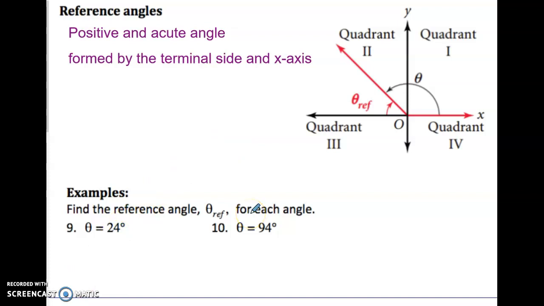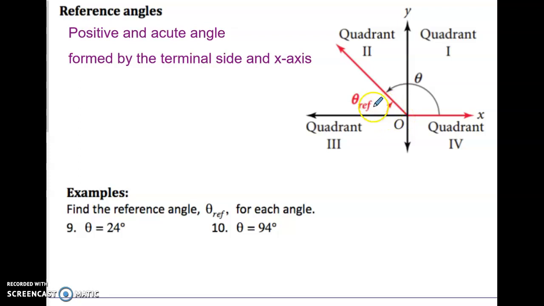The next term that you need to know is a reference angle. And a reference angle is the positive and acute angle formed by the terminal side and the x-axis. So no matter where the angle is in the quadrant, you always go from the terminal side down to the axis. So, for example, this one is in the second quadrant over here, so we're going to use this as our reference angle.